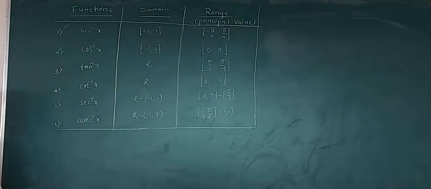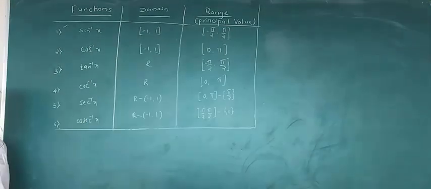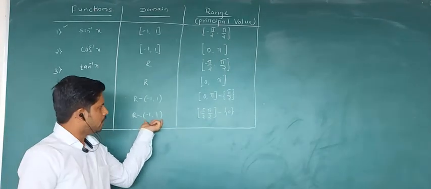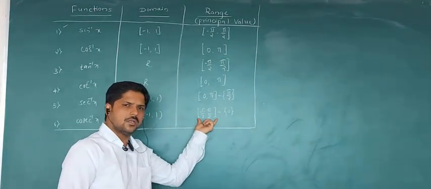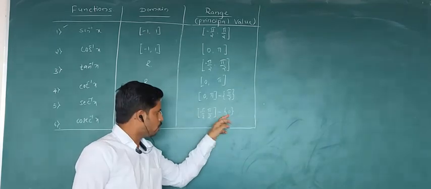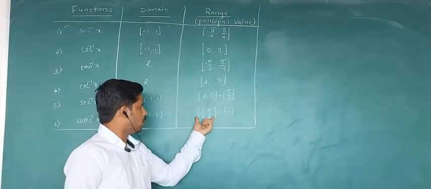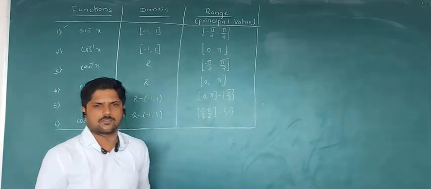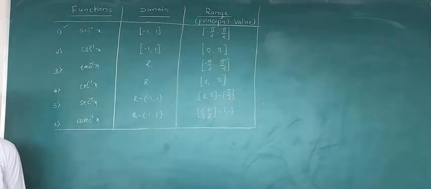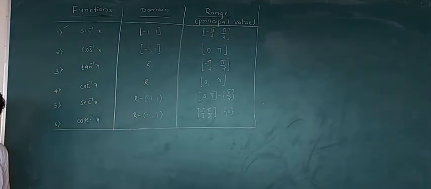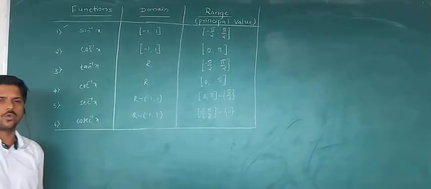Similarly, last one, cosec inverse of x, its domain is R minus of minus 1 comma 1 and its range, or principal value, is minus pi by 2 to plus pi by 2 minus singleton 0. Other than 0, all the values will be satisfied. So this is the domain and range after restricting the functions.